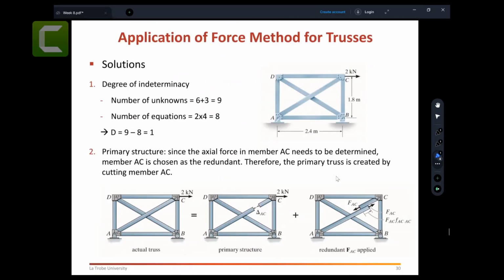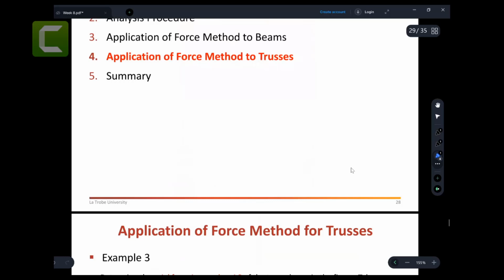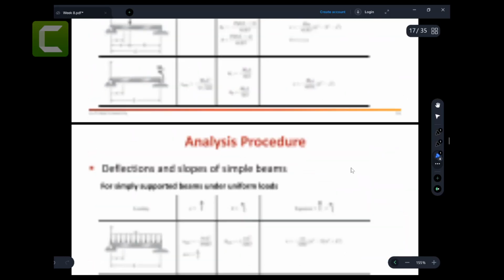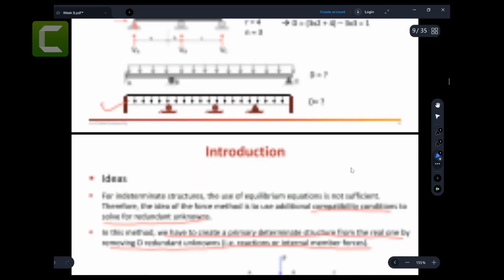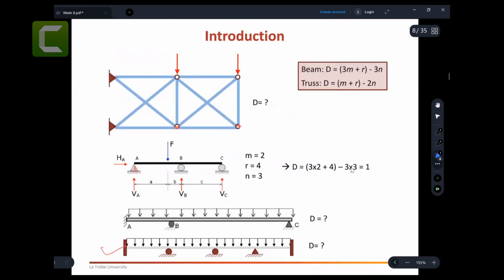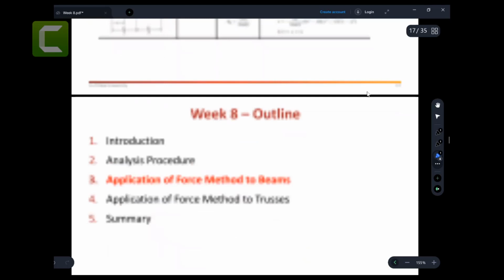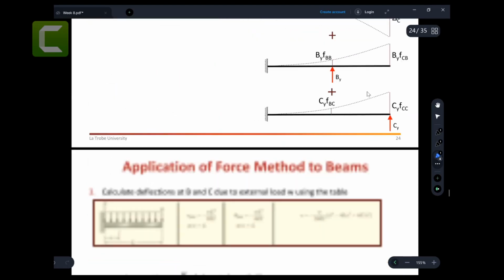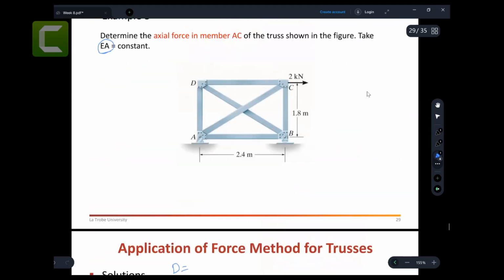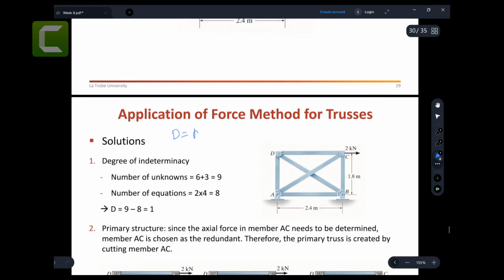Now, let's find the degree of indeterminacy. You remember that equation, let me remind you: degree of indeterminacy equals m plus r minus 2n.